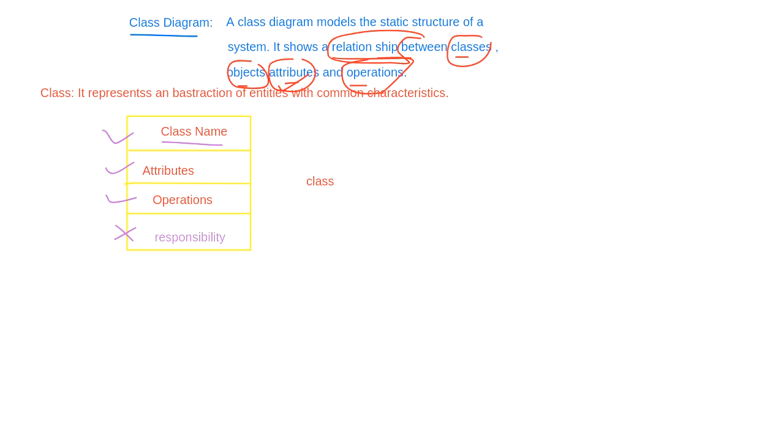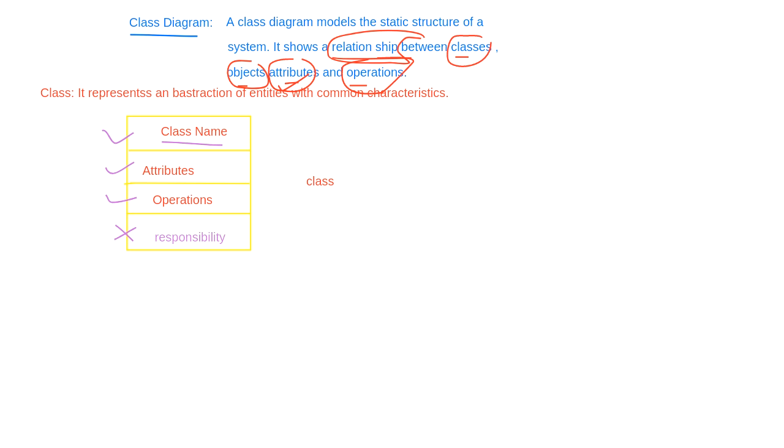Now there are sometimes two ways in which you can represent a class. I'm talking about the class diagram, not reality. In a class diagram, either you can show a class with these three things: class name, attributes, and operations. These three things are important.